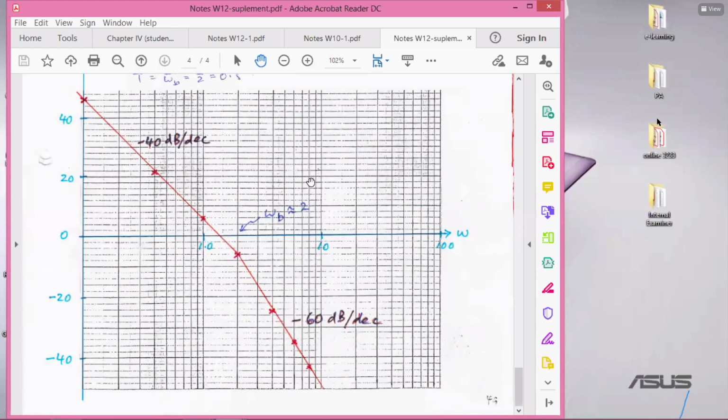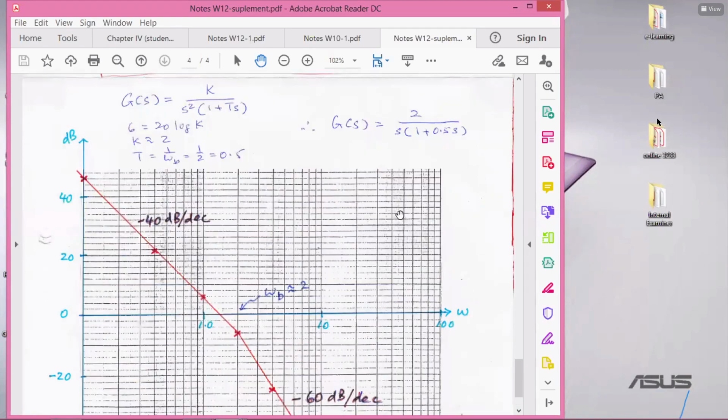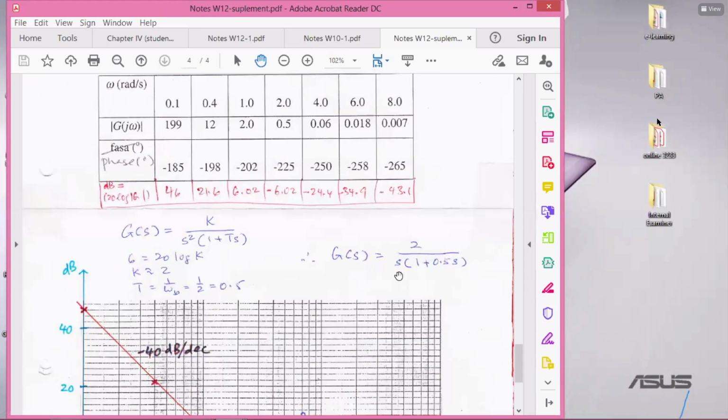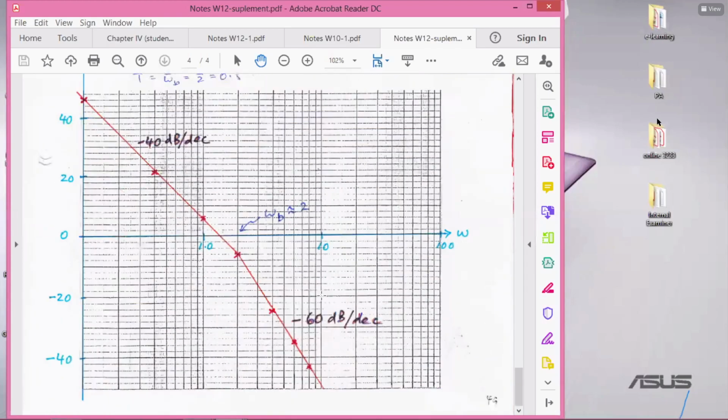So this is frequency 8, that's frequency 9, that's frequency 10. So at frequency equal to 8, you go down, there's 40 decibel, there's 43 decibel. At frequency equal to 8, your decibel is negative 43.